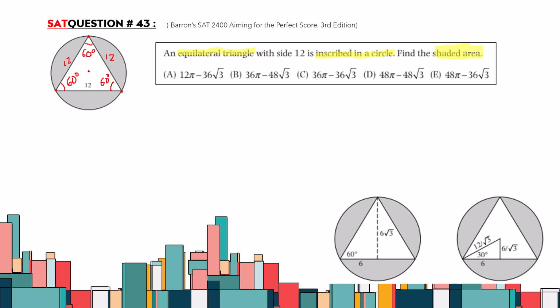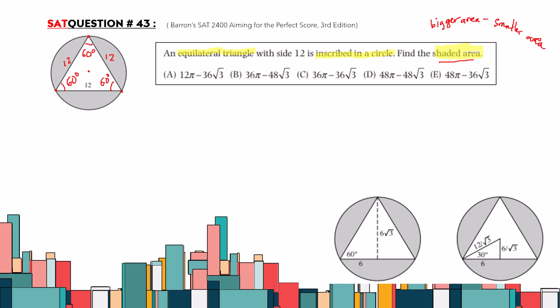Okay, so usually the shaded area we will find by taking the bigger area and subtracting the smaller area. And you see that the shaded area in this case is not an easy shape to calculate, so we use simple shapes that can be calculated, then subtract the smaller from the bigger.